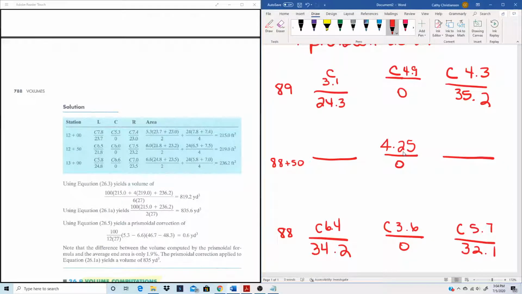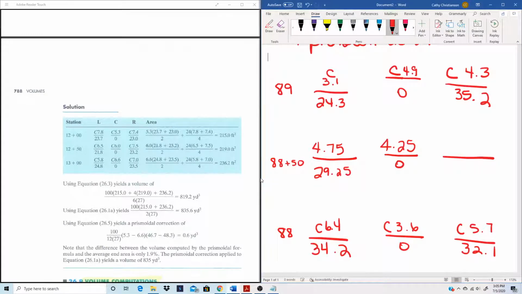Now when you go to the right and the left, you have to take an average of the 2 distances and then an average of the 2 cuts. So I'm going to do the cuts first. If I got a 3.1 and a 6.4, that'll give me 4.75. And then if I have a 24.3 and a 34.2, and I divide by 2, that gives me 29.25.